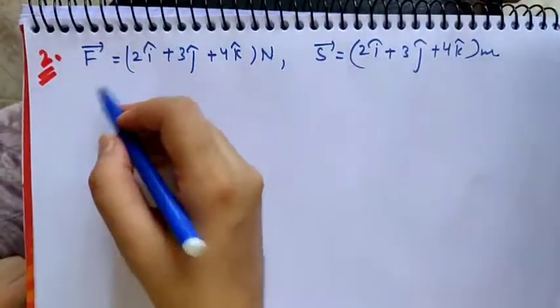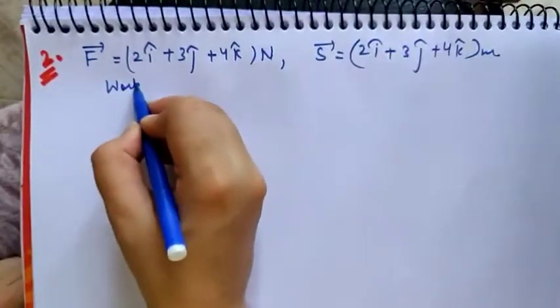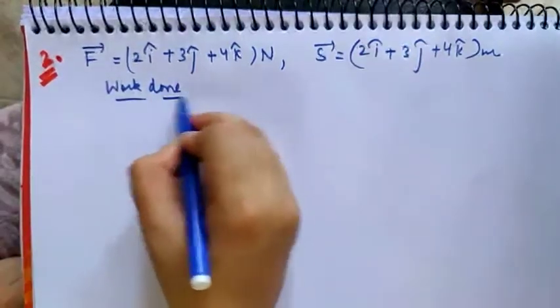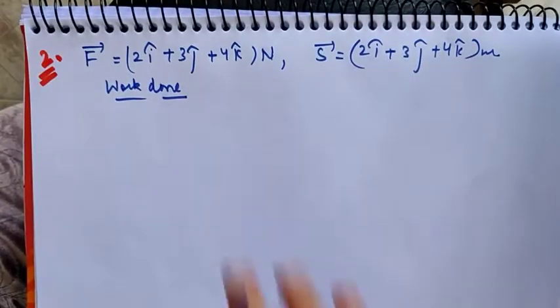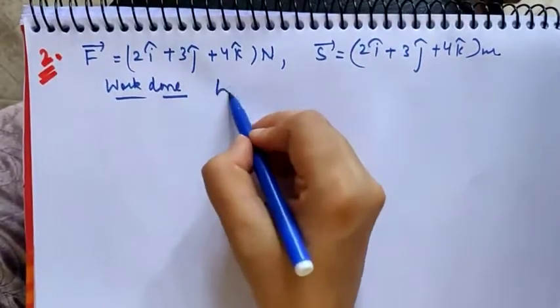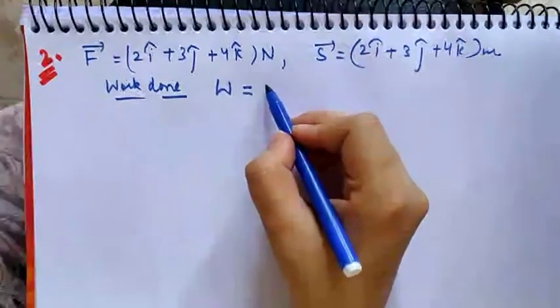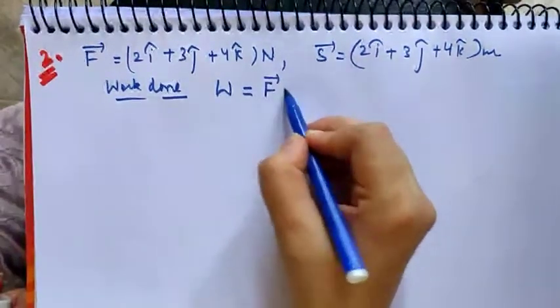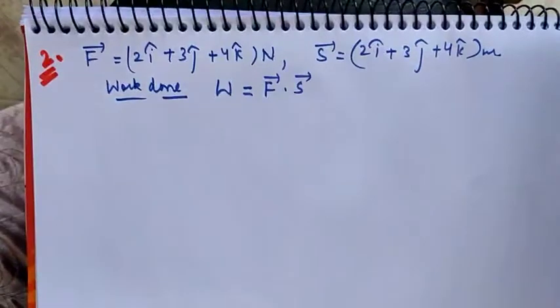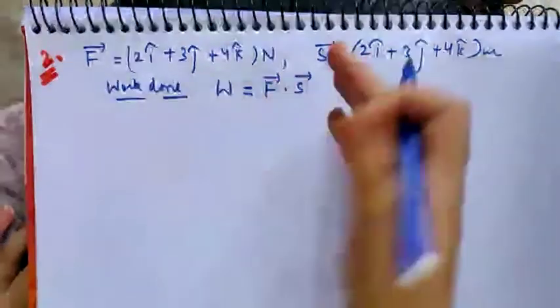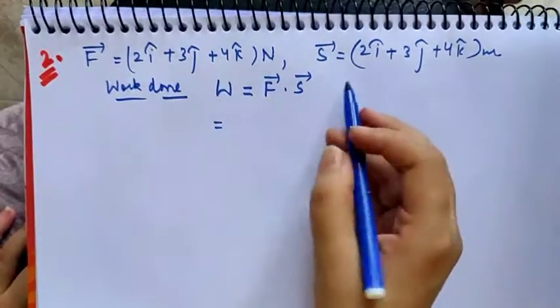Then they are asking what will be the work done. Children, in unit number 4 you are going to understand this again, but the example of dot product is whenever you dot force with displacement you get the work done. That means work done is force dot displacement. So find out their scalar product.